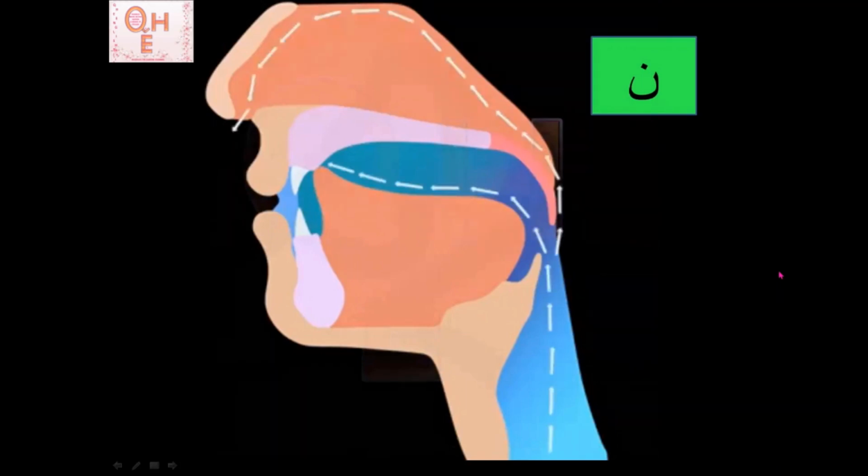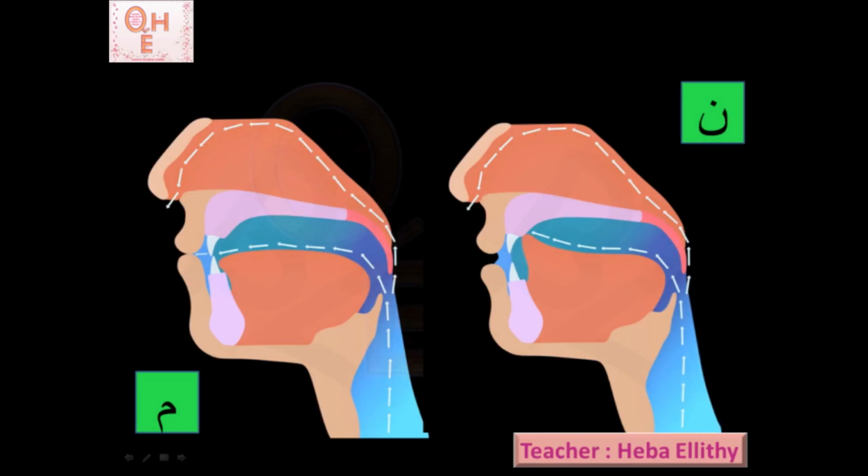In letter Noon, part goes to the tongue and part continues from the nasal passage. In letter Mim, sound is coming from inside to outside and part goes to the lips. It stops behind the lips and the other part continues from the nose. That's why scholars put them in bayniya letters, because there is a part stuck, trapped, and another part continues and is not stopped for any reason.